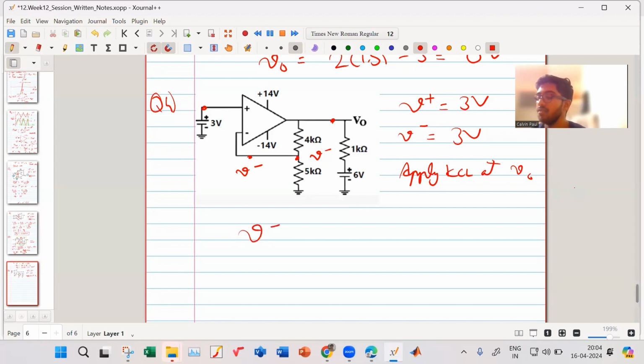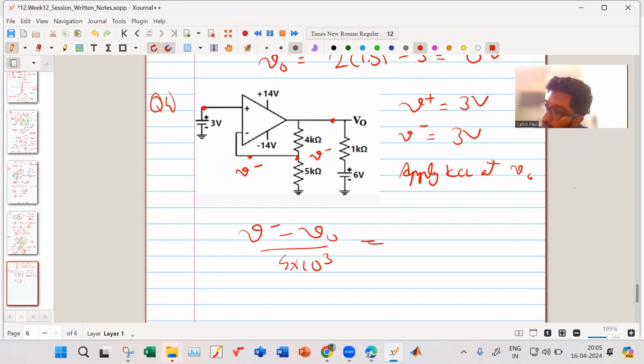Your V minus minus V naught by 4 kilo ohm, plus this will be equal to V naught. I'm not sure what to do with that 6 volt. So that 6 volt is confusing us.